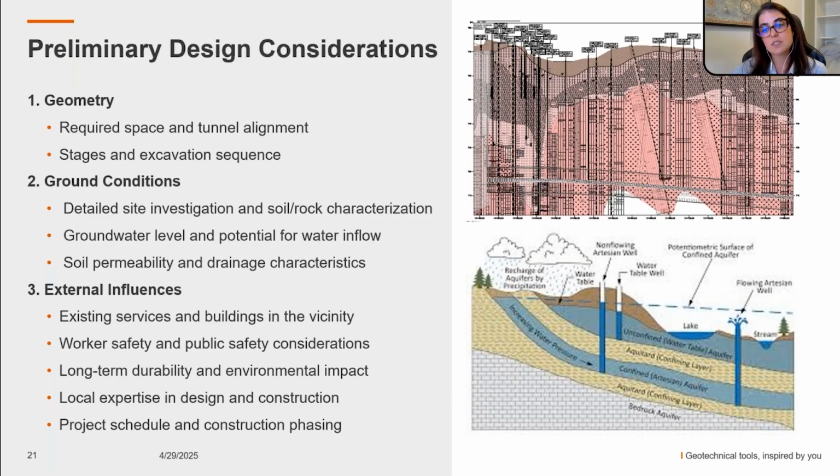And the external influences cover existing utilities or infrastructure, project stage and timelines, and budget constraints, because these factors influence the level of detail and complexity we can achieve in our RS2 model. By carefully considering these factors, we can select appropriate material properties, boundary conditions, and analysis methods in RS2.